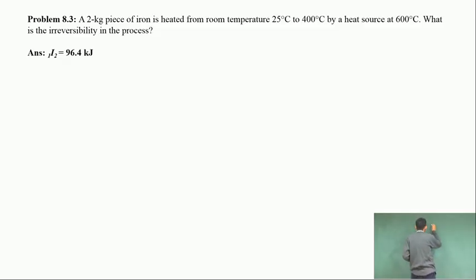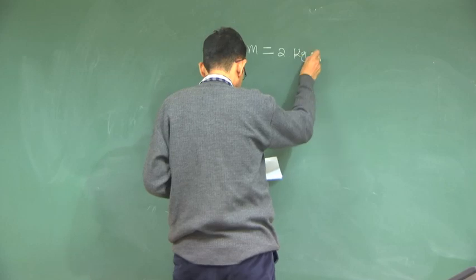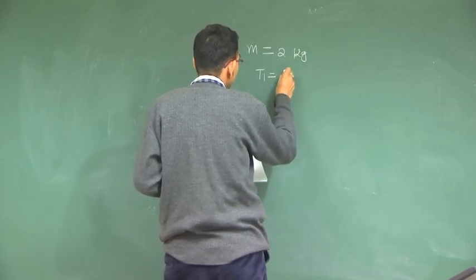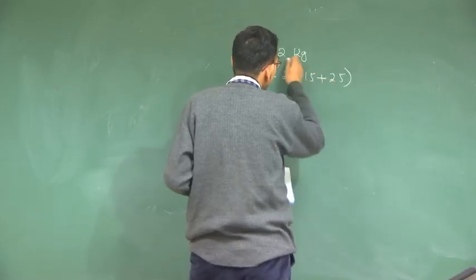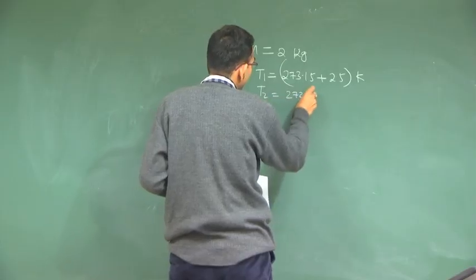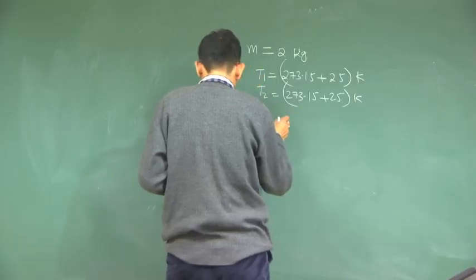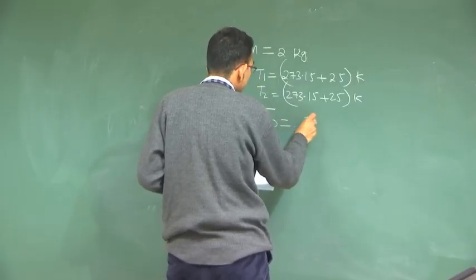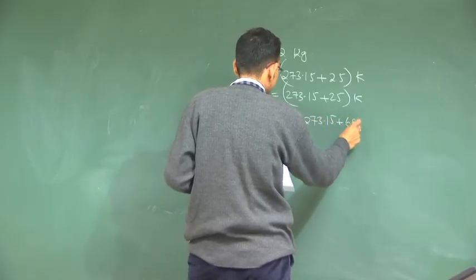So, you have a mass of 2 kg of iron, your T1 is 273.15 plus 25 Kelvin, T2 is 273.15 plus 400 Kelvin, and the temperature of the heat source is 273.15 plus 600 Kelvin.